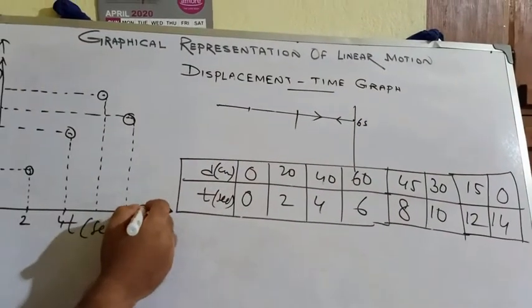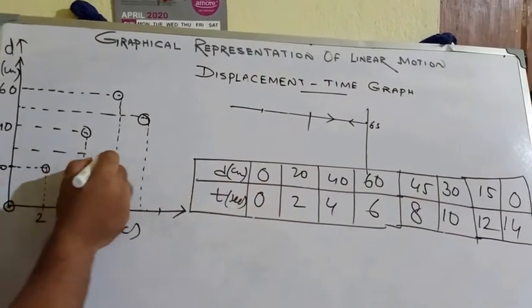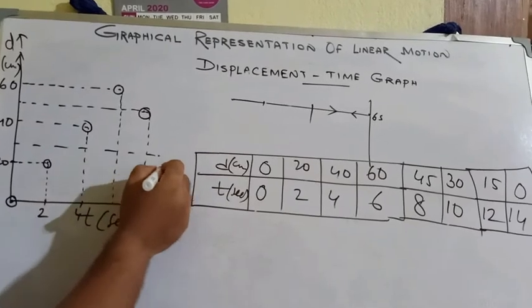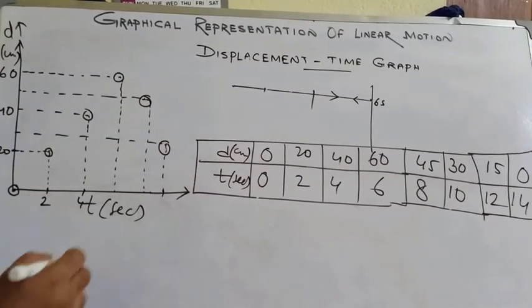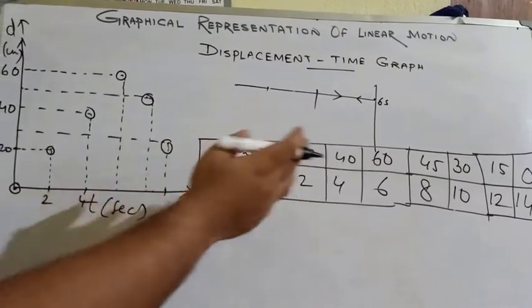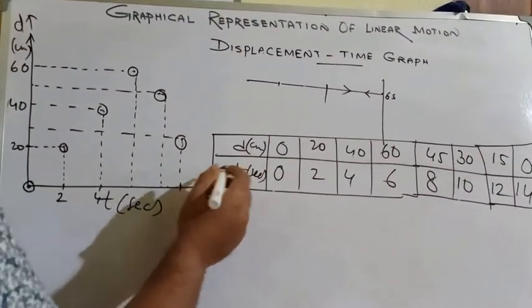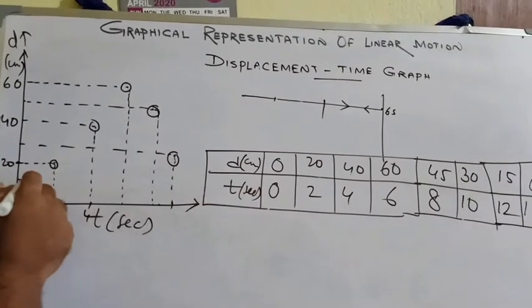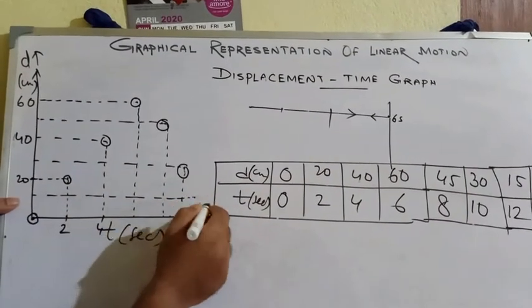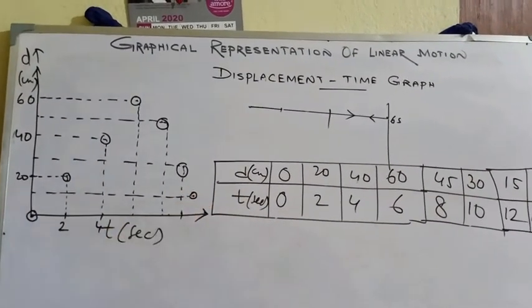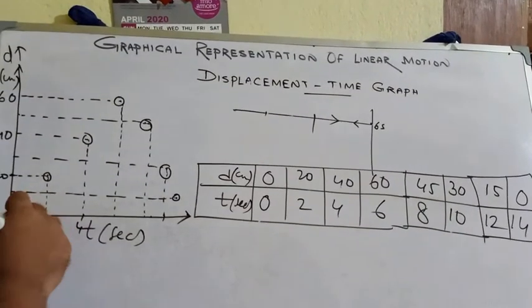So at 10 second it comes back to 30, means this position. Okay. And at 14 second it comes back to 0. So at 12 second it is 15. Let it take 12 second it is 15. Okay. So what kind of graph can you draw from here?